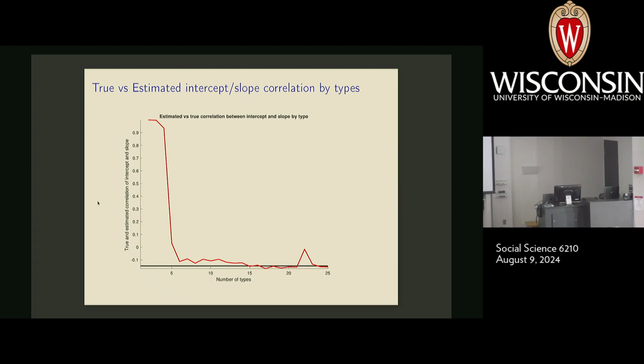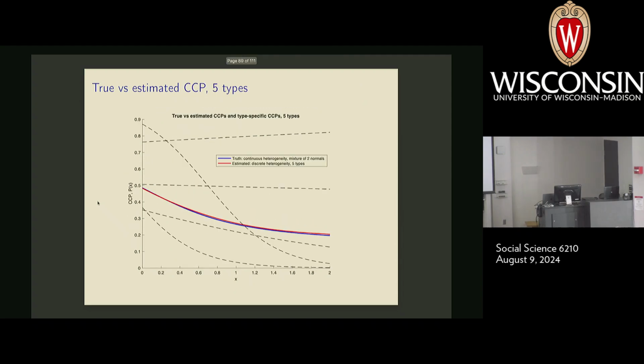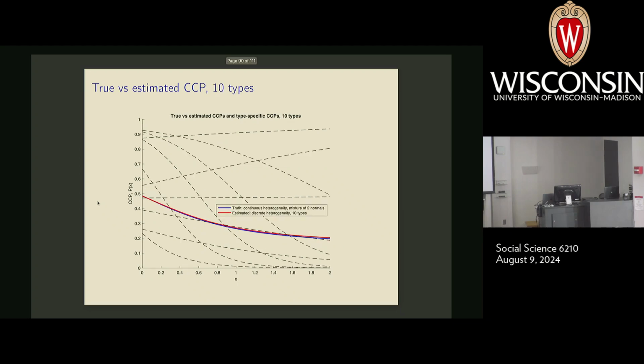But once you have two types, the panel can say there's this type that will persistently be buying, and then there's this other type, and by taking a mixture, it fits the data a lot better. So adding more types is picking out more dynamic patterns of how people behave. It's seeing clusters in the data, approximating with these types and being able to pick them out. Even though the CCPs aren't changing that much, the ability to fit is really improving in a way you can't see here with the more types.